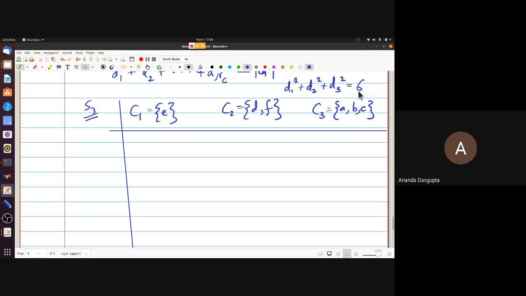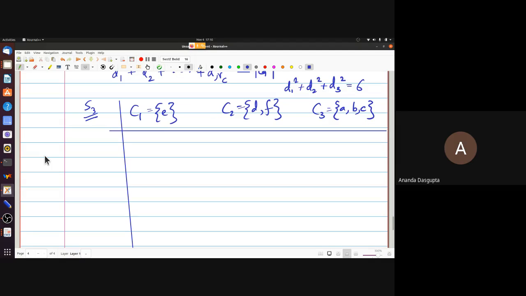Now you have three non-zero squares adding up to 6. Can anybody tell me what d1, d2, d3 have to be? 1, 1, and 2. Just think about it. That's the only set of 3 squares which add up to 6. 2 plus 2 plus 2 is 6, but those are not squares. Three perfect squares which add up to 6 are 1, 1, and 4.